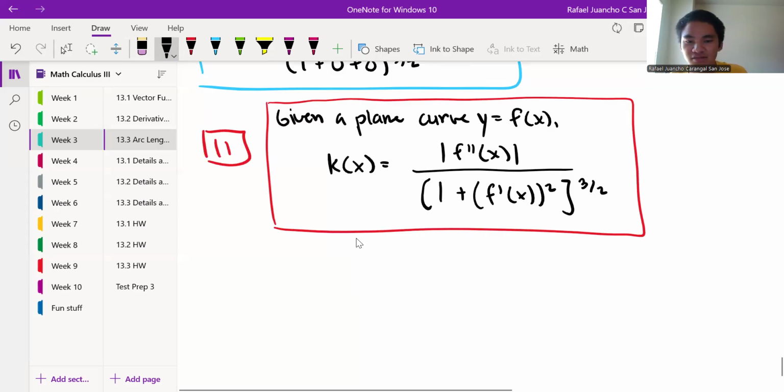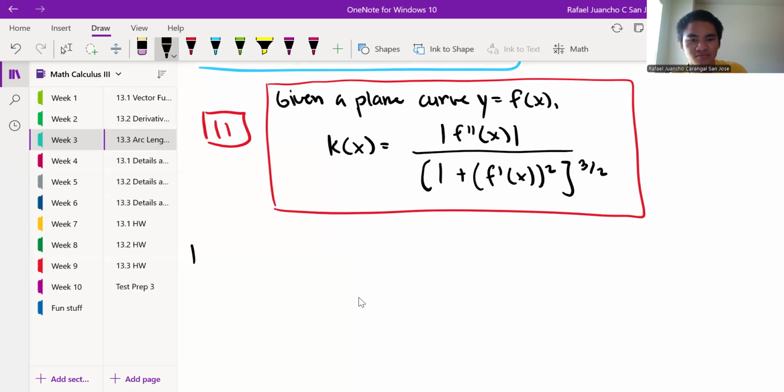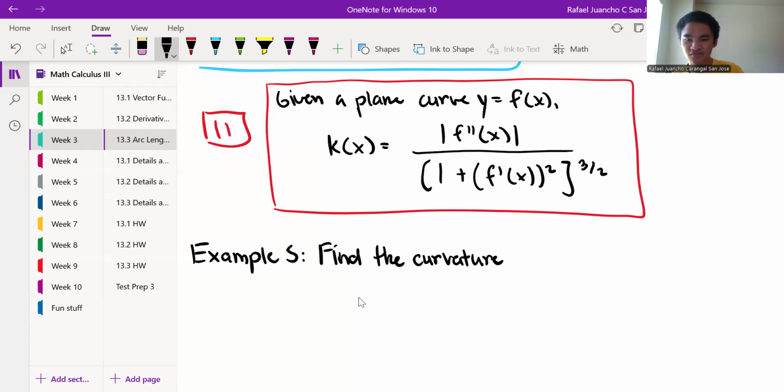So let's do one last example, then we'll call it a day. So example 5. Here we're being asked to find the curvature of a parabola. You know what's funny? They actually introduced the curvature for vector functions first before real valued functions.